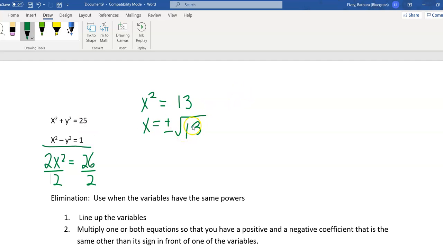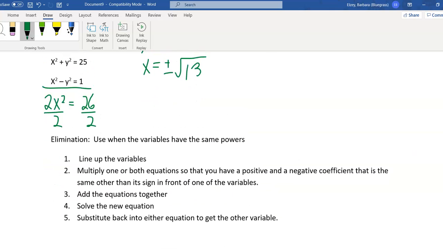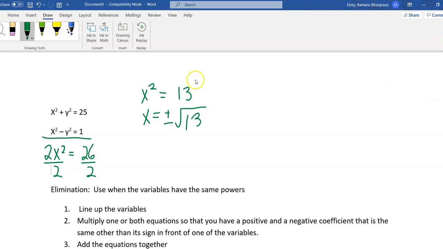And here's why. I can plug it into either one of these. My last step is to plug it back in, substitute it back into either equation to get the other variable. And honestly, it's going to be about the same amount of work no matter which one I choose. So I'm going to go to the top one here, and I'll start with the positive square root of 13, right in for the x squared.